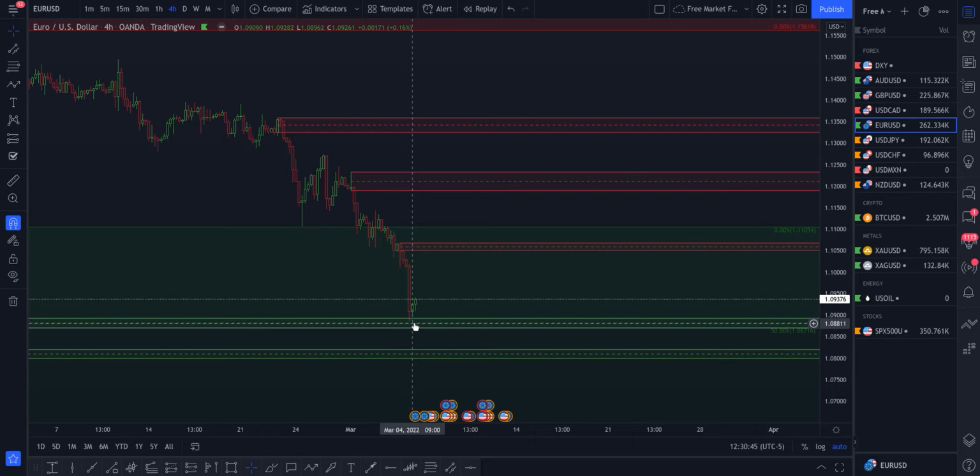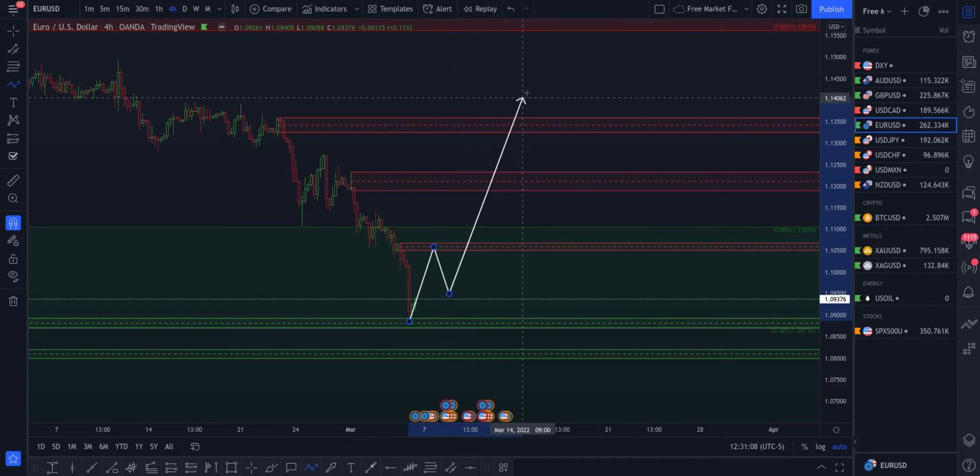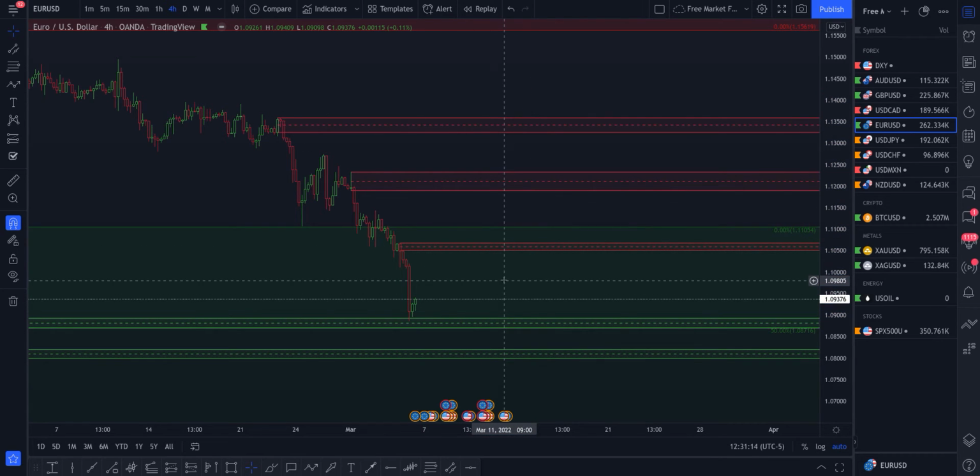All right, so this may be the bottom, and if it is the bottom, what we will want to do is possibly see this pair reacting off of this 4-hour supply, coming down and reacting off of a 4-hour demand zone that would be created, and taking this to the upside to possibly one of these supply areas, or just trailing our stops. All right, and that is Euro USD.